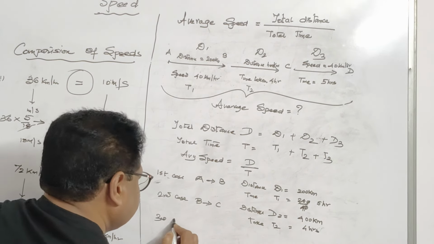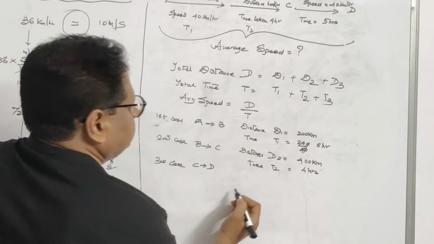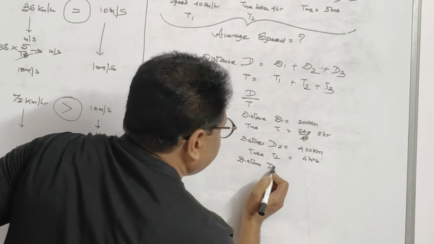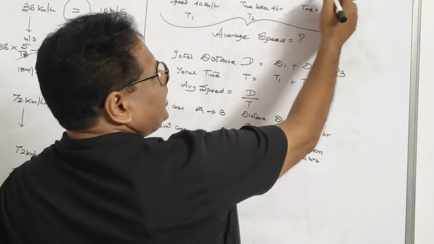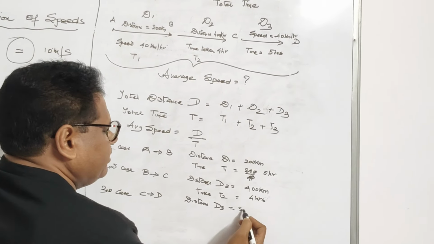Third case, that is from C to D. The distance D3 is not given in this question. You know the formula, distance equals speed into time.